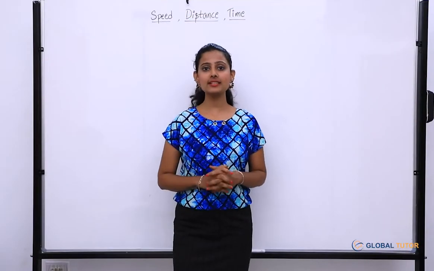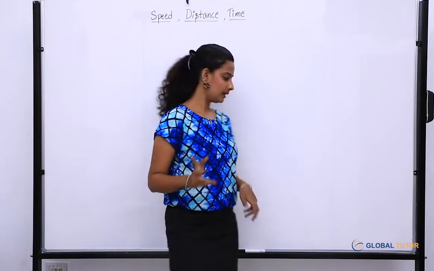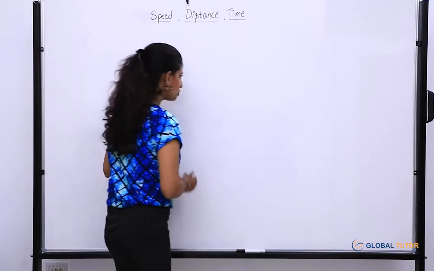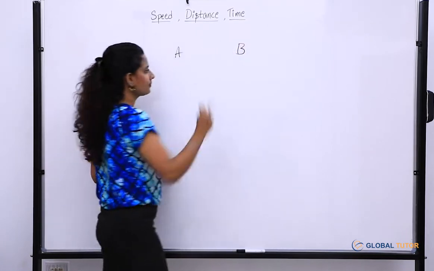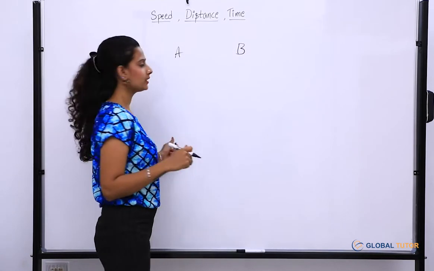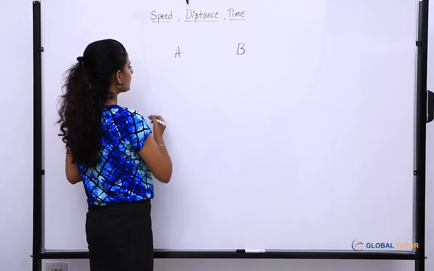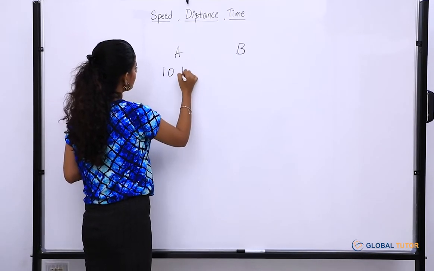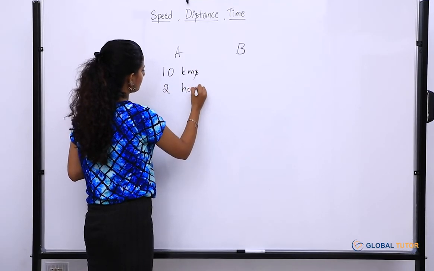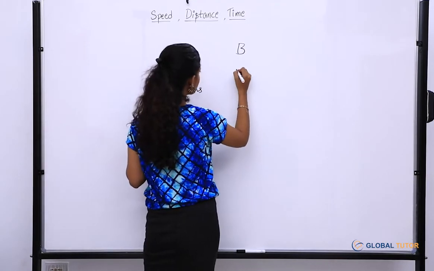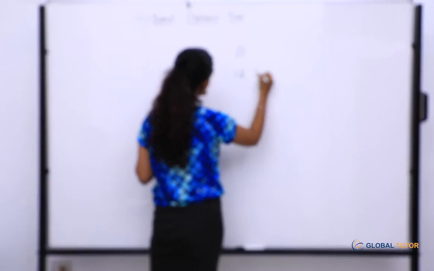So let us understand what is speed. Let's consider there are two people, person A and person B. They both are taking a walk in a park and person A covers 10 kilometers in 2 hours and person B covers 12 kilometers in 2 hours.